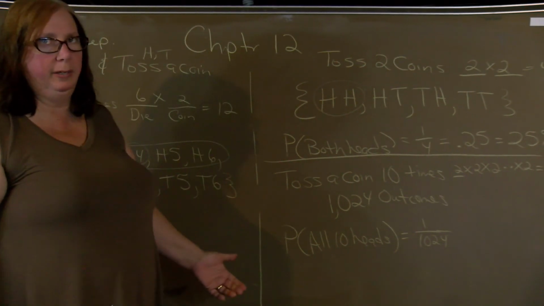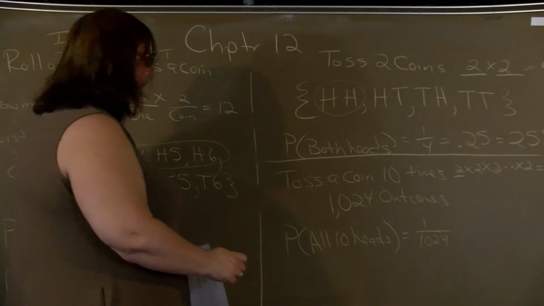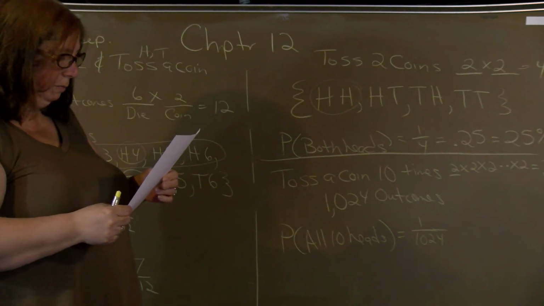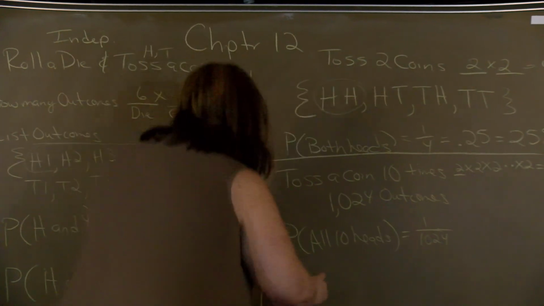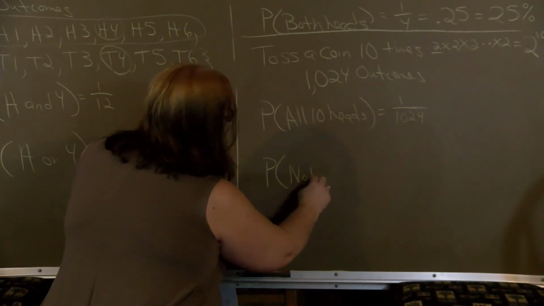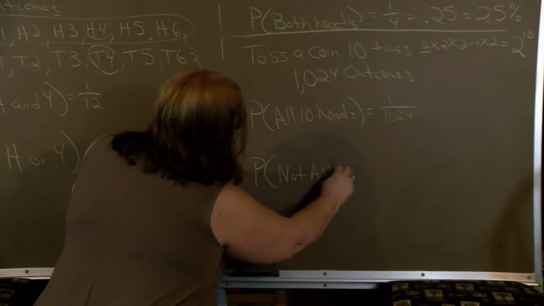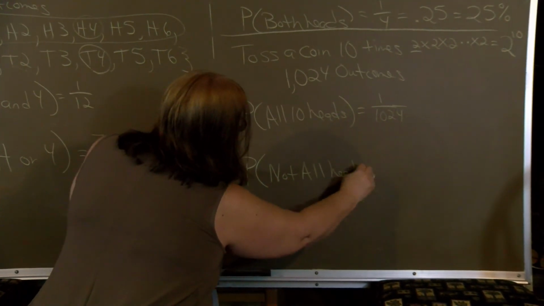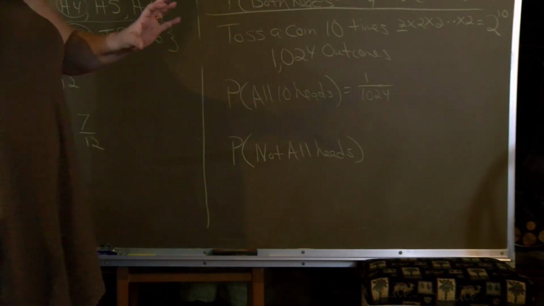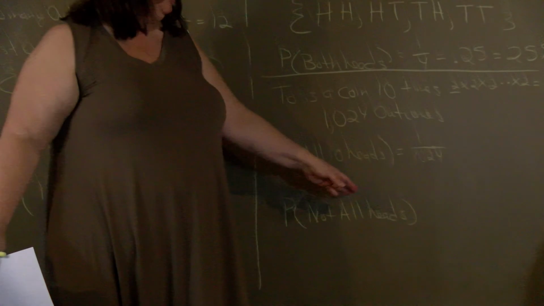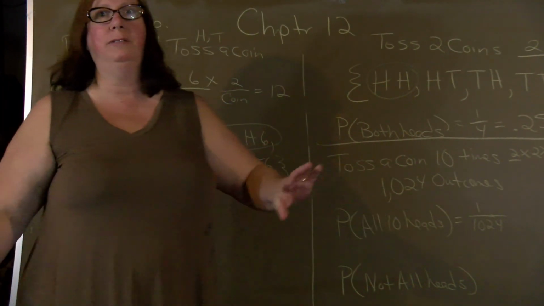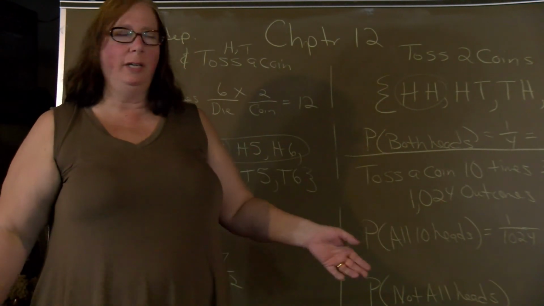So even if you know all of the possibilities or the outcomes, then you can still find the probability. Some of them are harder than others, but another thing you can think of is when there's too many of one, like the probability that they're not all heads, which means 9 heads and a tail, 8 heads and a tail, 7 heads and the rest are tails.